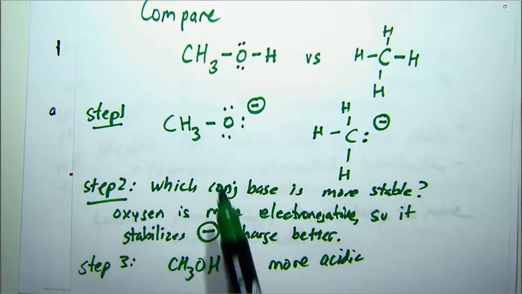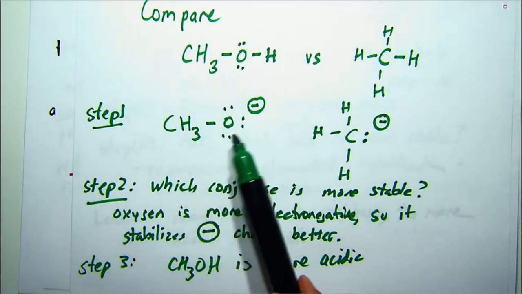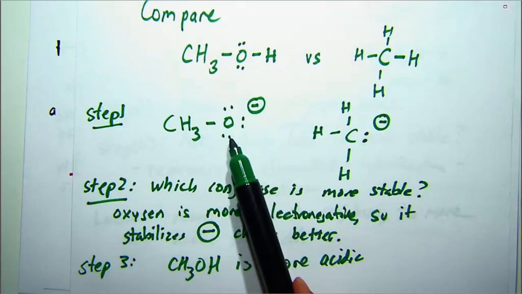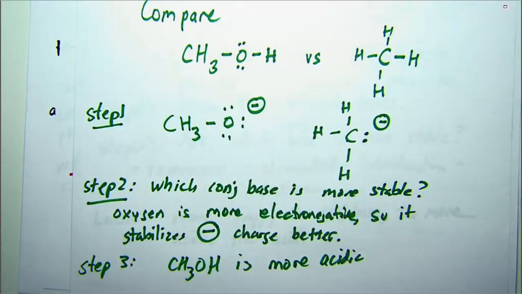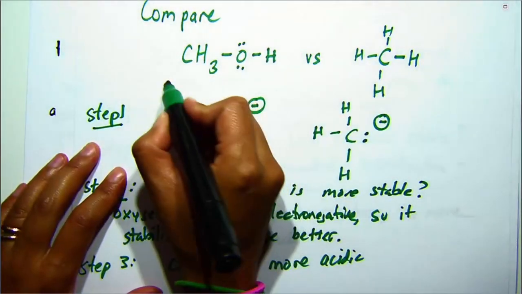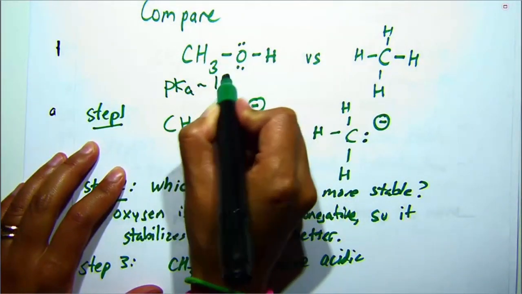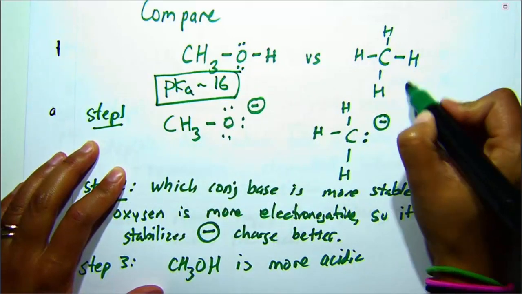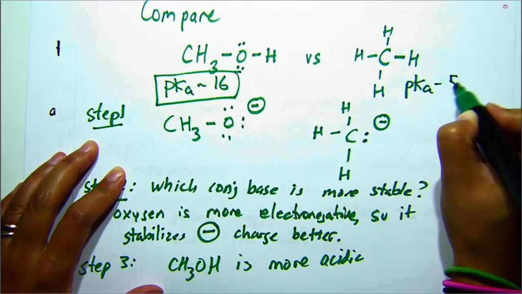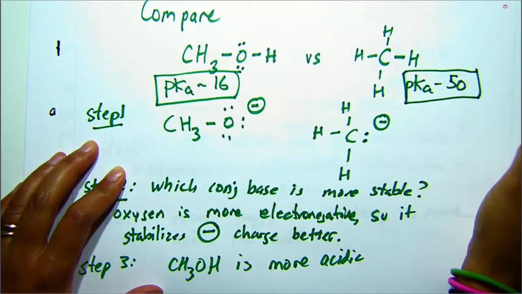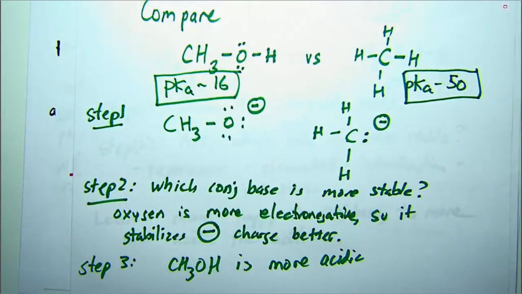You actually compare the element that the negative charge is on, so oxygen versus carbon. Now, these pKa values are pretty dramatic. Here the pKa of methanol is about 16, and this is a super weak acid, pKa of 50. So resonance effects is important if both of the elements are the same.